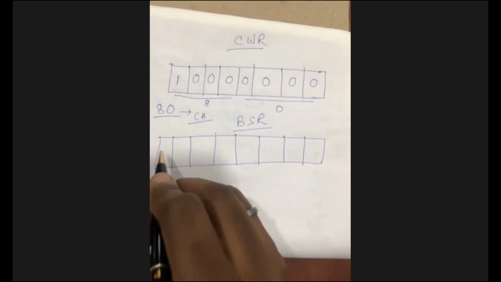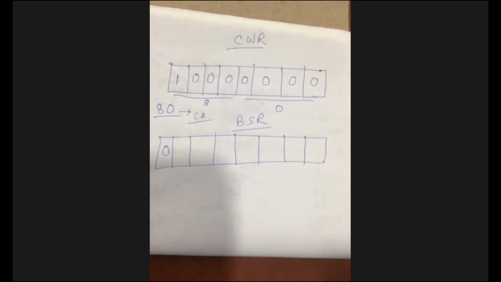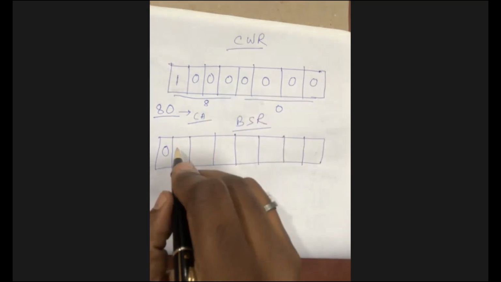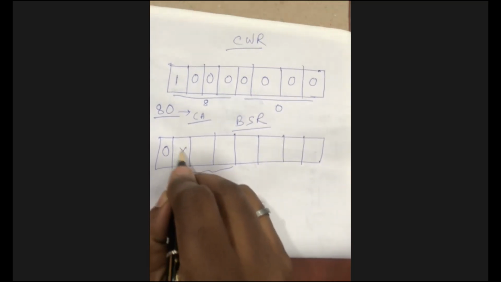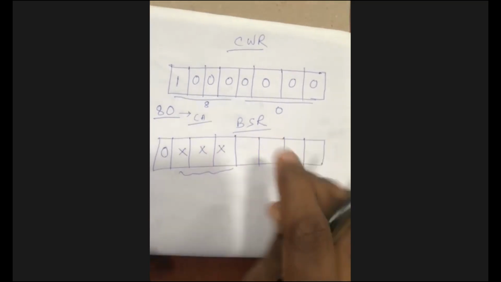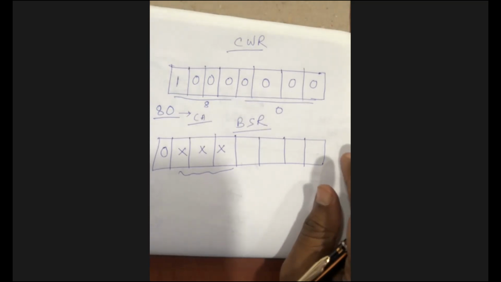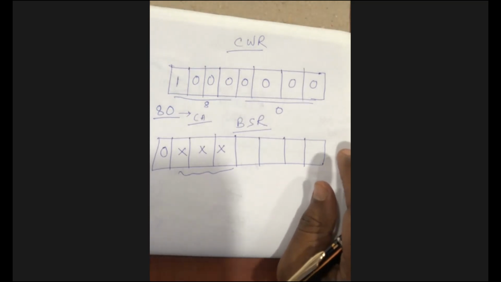So this bit should be 0 for BSR mode. These three bits actually have no function; you can give 0 or 1, no problem at all.